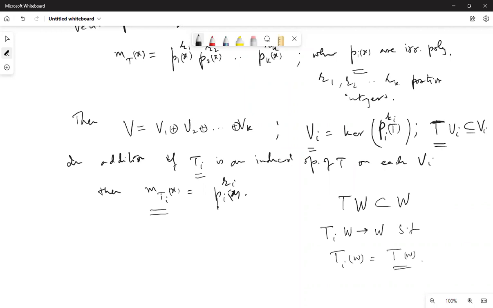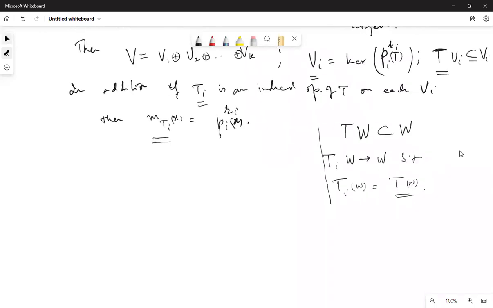Right? This is called the induced operator. This is also an operator, but this is on W. So let us go by the proof of this. The proof is sketched like this.